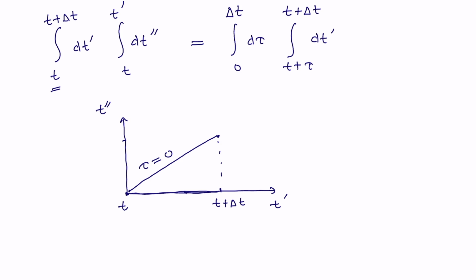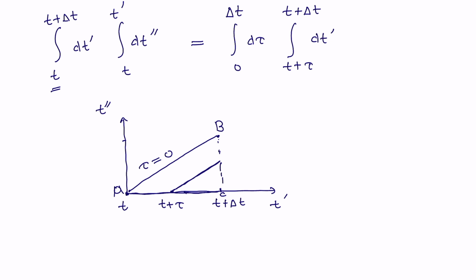If I take another line here, say at time t plus tau, then using the variable tau I can scan this whole area. Let me say this is O, A, B, C, because when I am changing the integration variable, the area under the curve should remain intact.